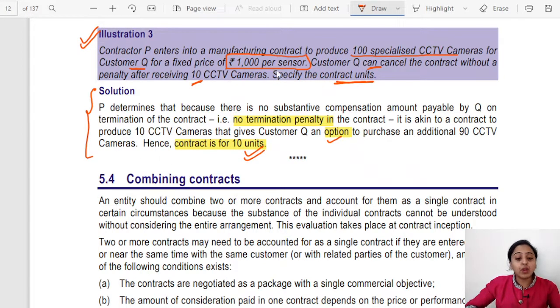Okay. Now, if we talk about the substantive compensation, what is this? We have discussed this in the notes part, in the previous lectures related to Ind AS 115. For example, on the inception of the contract, suppose it is dealt that, and this is another example just to give you an understanding about substantive compensation, you have entered into a contract of 100 CCTV and you will be delivering that.